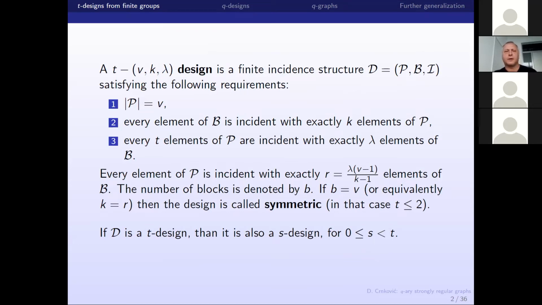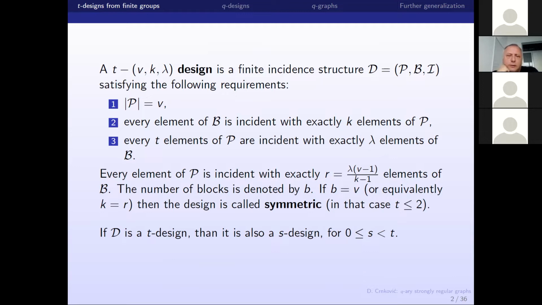With the definition of a t-design. A t-design with parameters v, k, lambda is a finite incidence structure with v points, where every block is incident with k points, and every t points are incident with exactly lambda blocks.